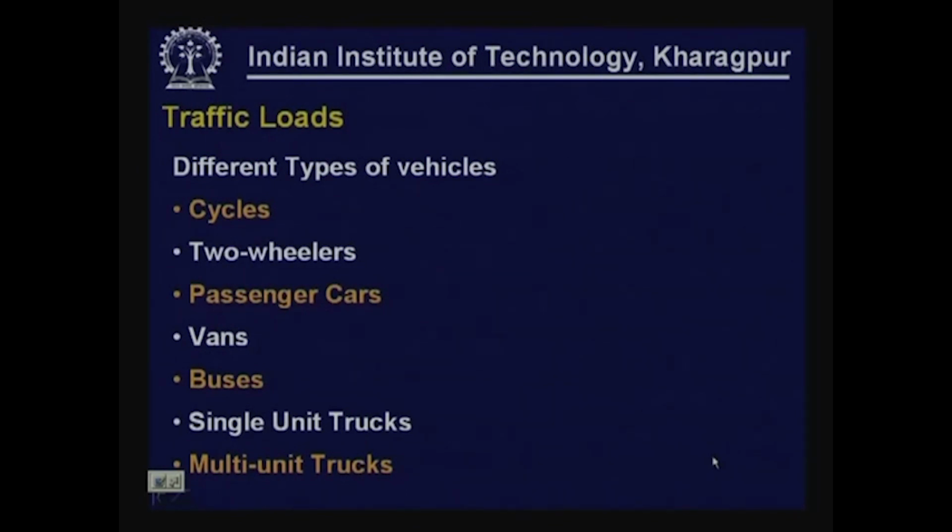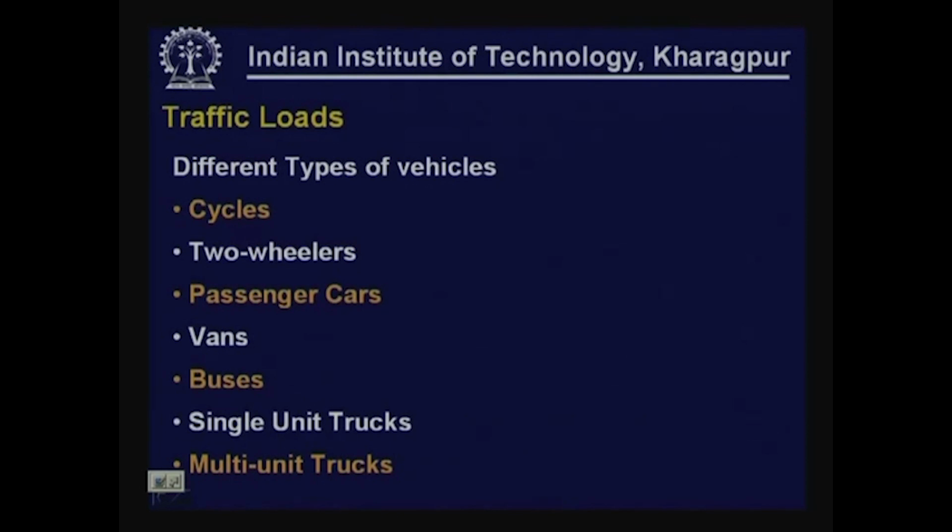When we consider traffic loading, obviously we are referring to vehicles. We also know that there are different types of vehicles with wide ranging sizes, wide ranging load magnitude and ability to travel at different speeds. We can start with bicycles, two wheelers, passenger cars.